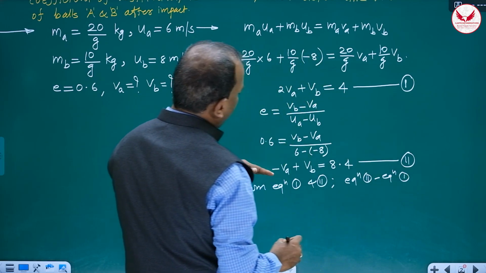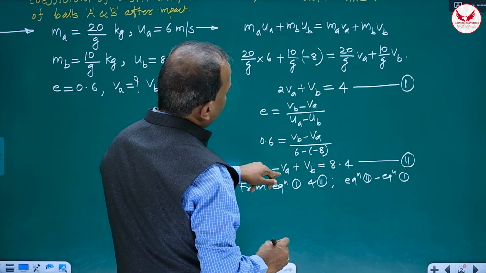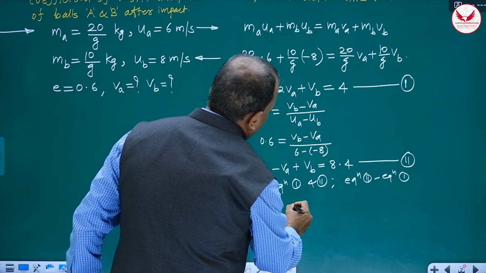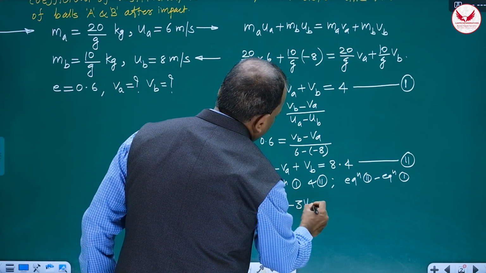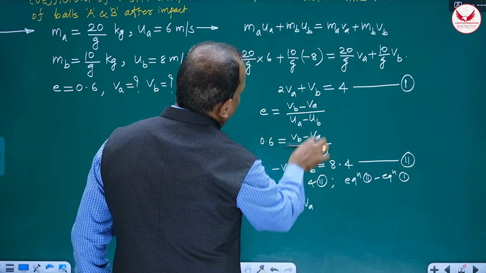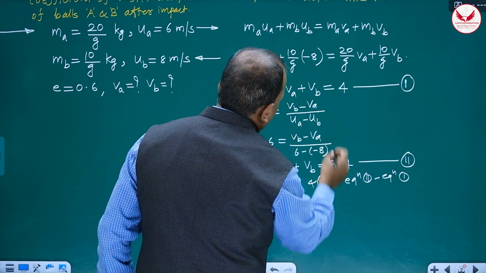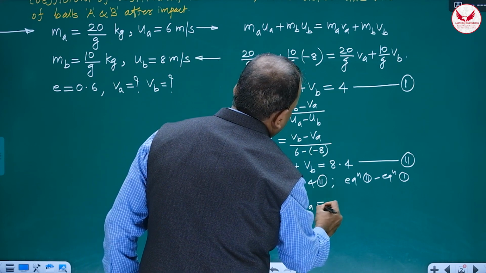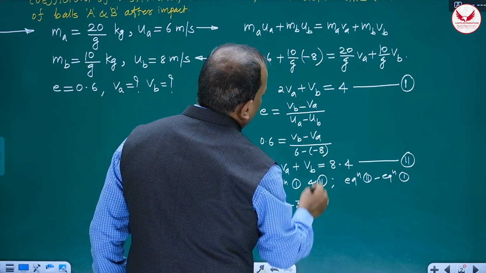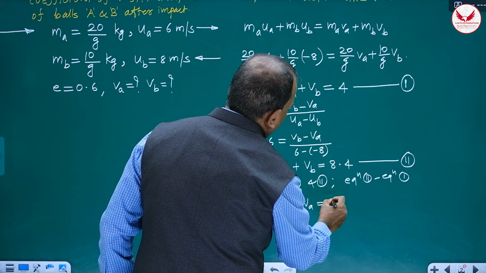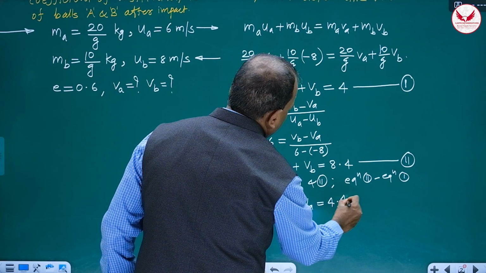So what will happen? Minus VA minus 2 VA, minus 3 VA I'll get. This VB minus VB will get cancelled. And 8.4 minus 4 means 4.4.